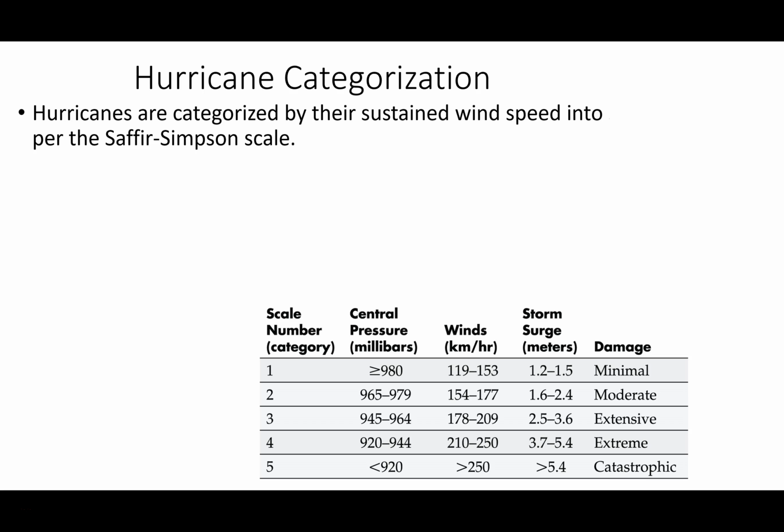Let's see if I want to put that up. Let's still do this side. Just looking ahead, the last part we're going to talk about is tornadoes, and there are some similarities between tornadoes and hurricanes. There are definitely some differences, and one of them is how we categorize them. They're both categorized into 5 categories, but they use different scales.